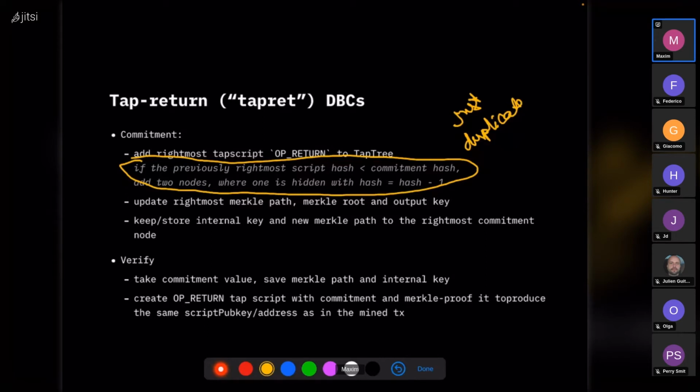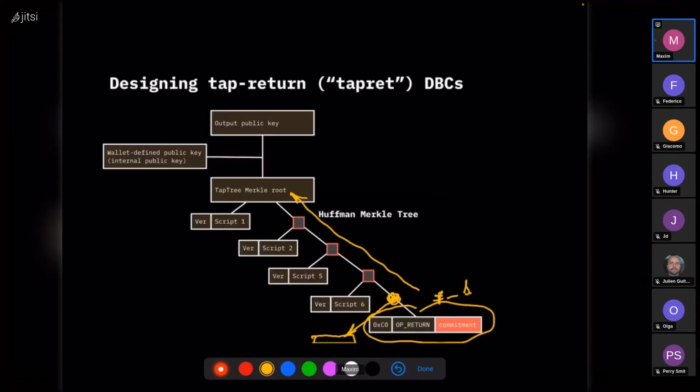We hash it, and we check that we can build the same Merkle tree and the same output as present in the transaction mined in the blockchain. So basically, we rebuild the output and make sure that it exactly matches the output present in the on-chain transaction. And that is verification. So the procedure is quite simple.